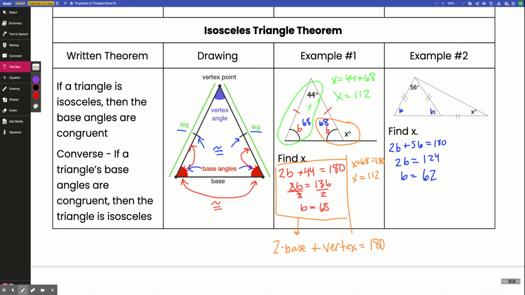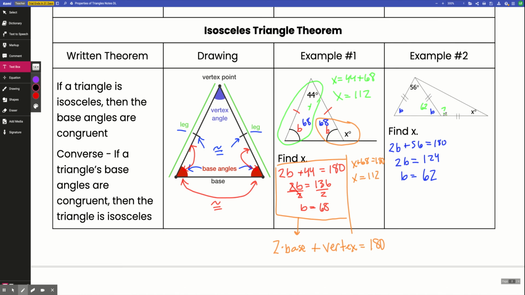Okay, so this angle here is 62, which is going to help me, okay, because now I have this second isosceles triangle. See it with the 2 congruence markers, one right here and one right here, right? And then x down here is the base angle of this isosceles triangle. It's kind of tipped on its side. So I need to figure out what the vertex angle is first, right? I got to know what this vertex angle is.